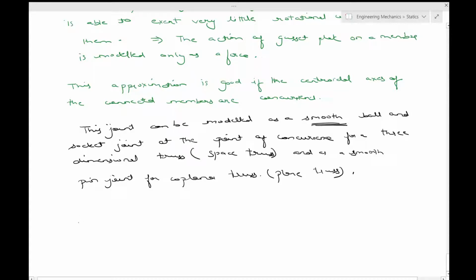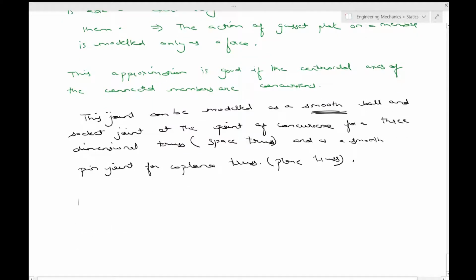So for example, if this is a joint, this is a joint, and for some reason you have to go for a more accurate analysis, then what you do is just apply half of the weight to this particular joint from this and half from this, okay, and then assume the members to be massless. That way you can do slightly more, but I think we will not be doing that, so we don't require that accurate analysis at this stage.